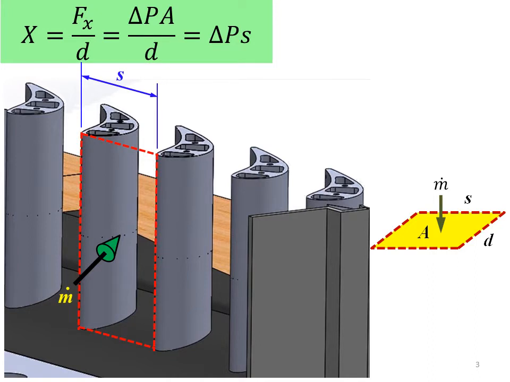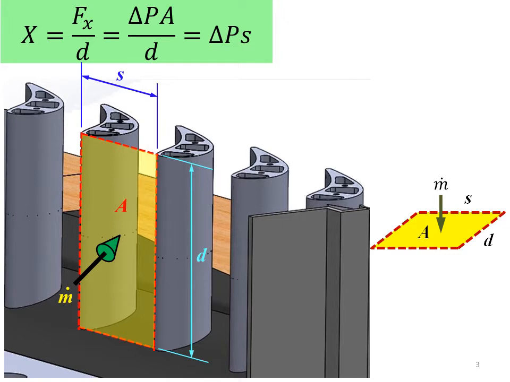And the height of the cascade blade is equal to the depth of the cascade blade D. So if we multiply the S value with the D value, we get the area A that we referred to during our derivation of the X equation. The direction of flow through the cascade blade is perpendicular to this cross-section area.